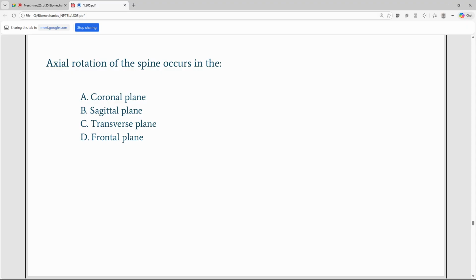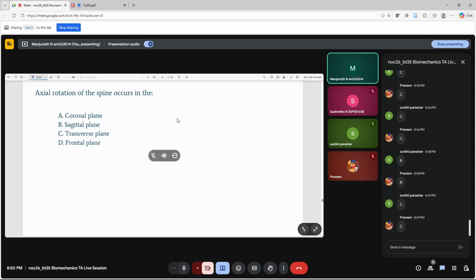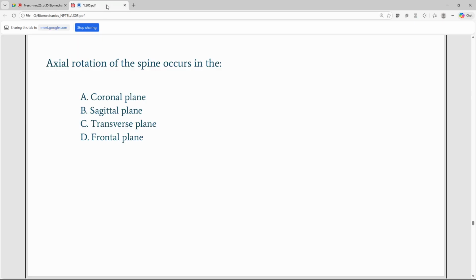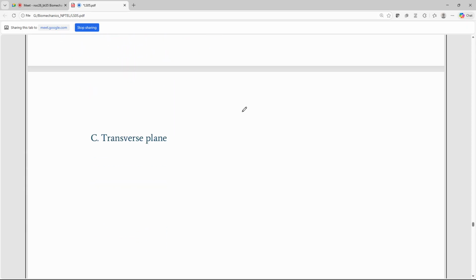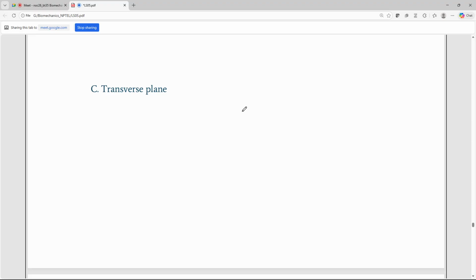Answer is option C, transverse plane. Next question.